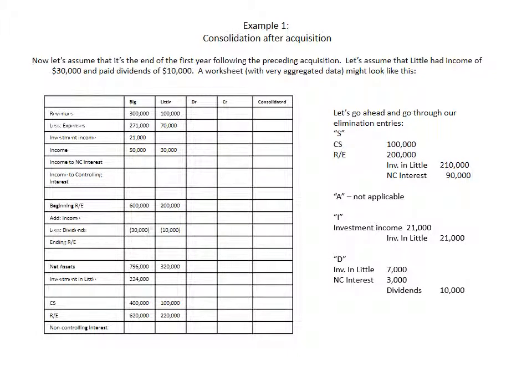Now we do have something new. We need to eliminate 100% of Little Company's dividends. Looking at the worksheet, almost dead center, up top to bottom in Little's column, we see the words less dividends, $10,000. So Little Company paid dividends of $10,000. 70% of that went to us and was deducted from our investment balance.